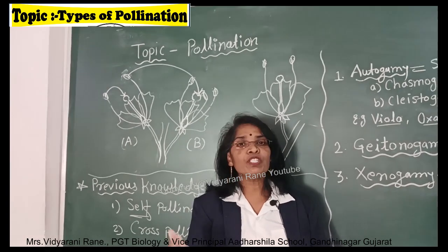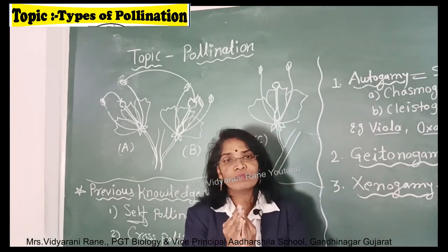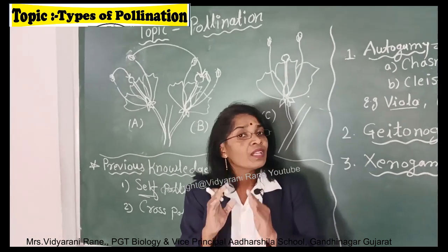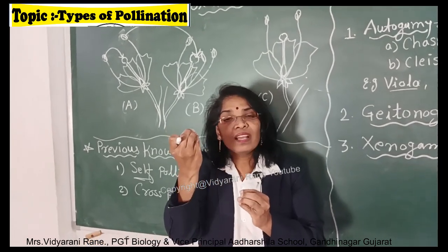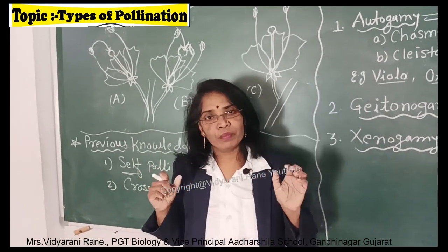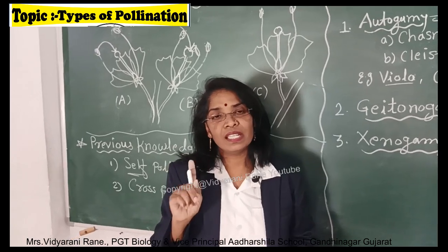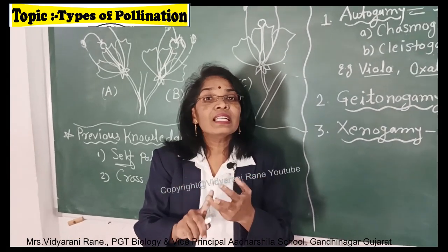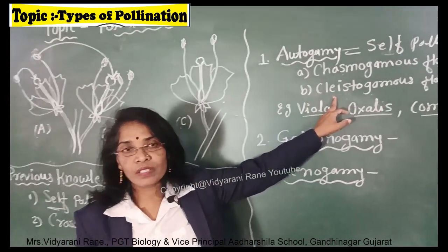And in the flowers which are closed, which never open, that is the cleistogamous flower, there also the arrangement of the anther lobe and stigma is very close to each other. As soon as the pollen grains mature and are released, they reach the stigma and pollination is carried out. So questions will be asked in the exam based on this: what is the advantage and what is the disadvantage, right? So what is the advantage of the cleistogamous flower?